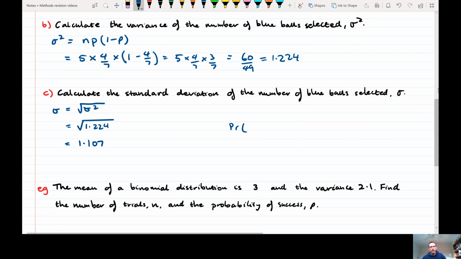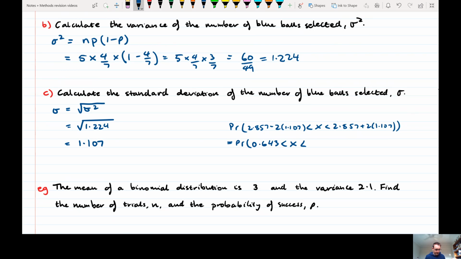So like I said before, if I had the mean of 2.857 and I took away 2 standard deviations and then had the mean added 2 standard deviations, that would give me the probability of somewhere between 0.643 is less than X is less than 5.071.